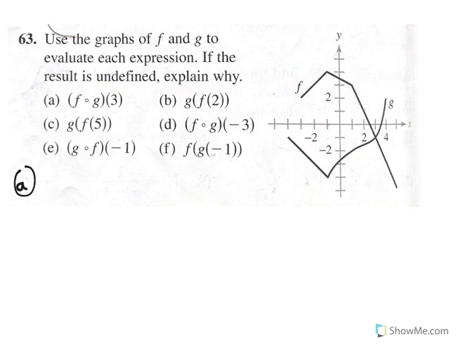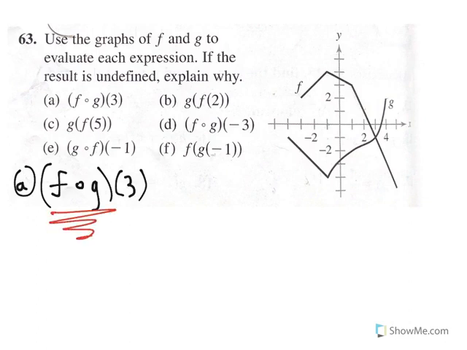So for part A, we want to do f of g of 3. The key to doing this problem is to remember what this means. It means you've got f of g of 3.